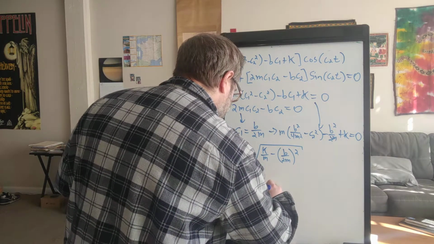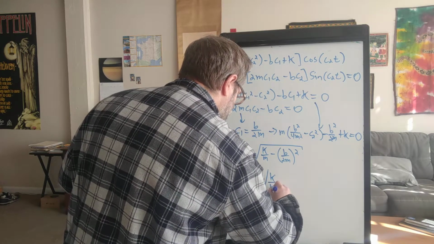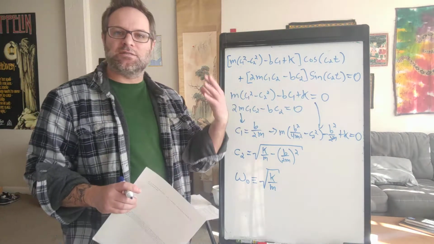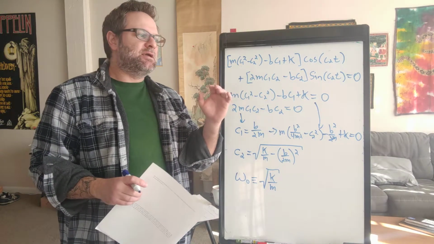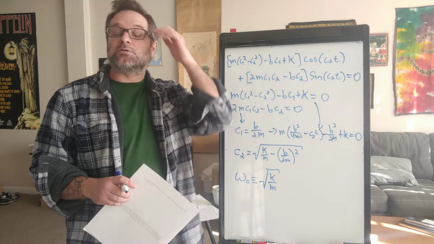And this is the frequency that that oscillator would have if it was not being damped, right? So if that oscillator existed in a vacuum, we would say that the frequency that it oscillated at would be the natural frequency, right?